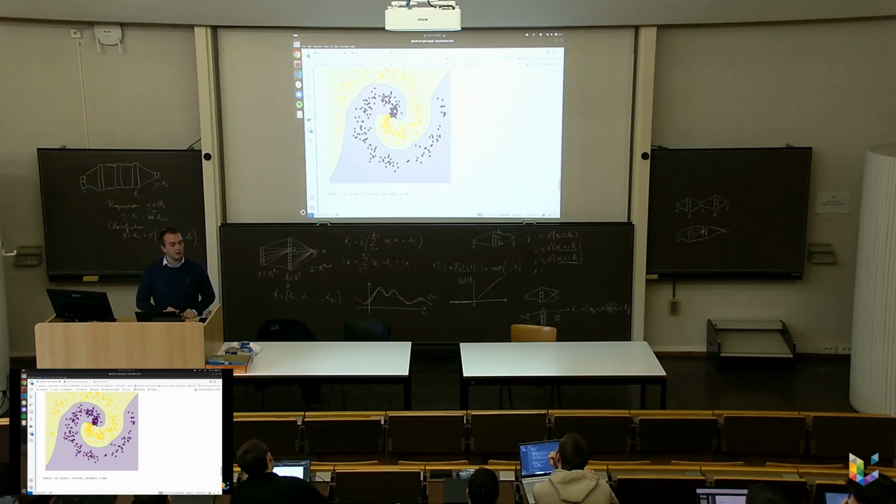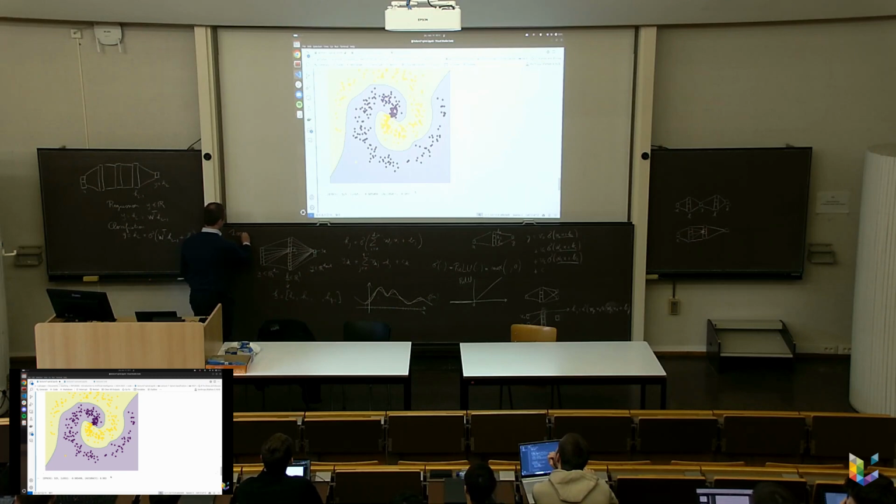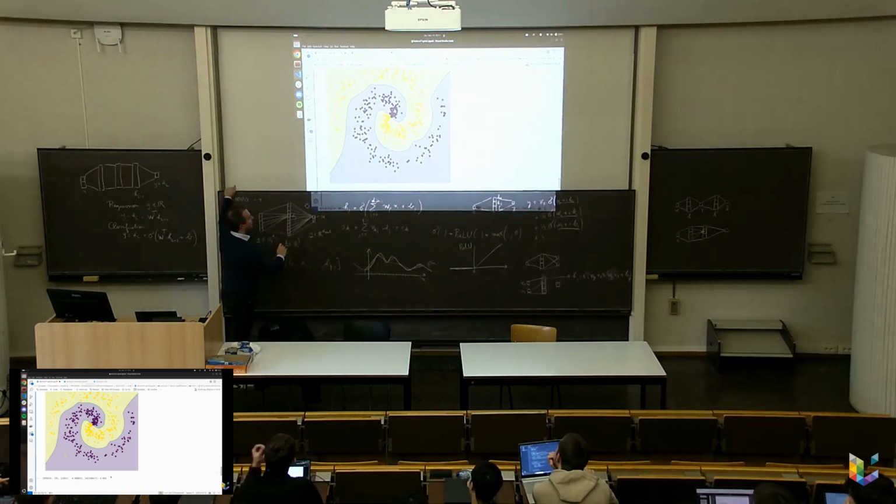By the way, how many parameters do we have? Can you estimate how many of them we have if we have 10,000 elements in the hidden layer? Any other guess? Okay, so how many parameters do we have?